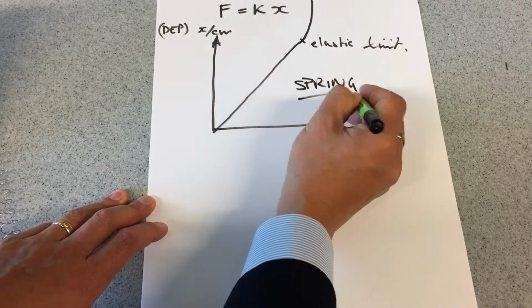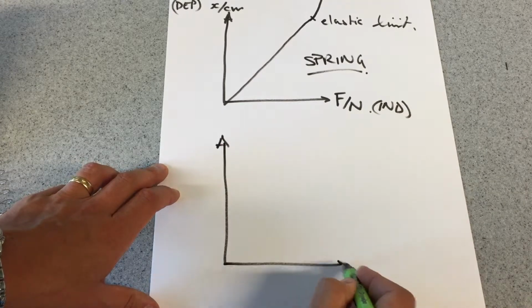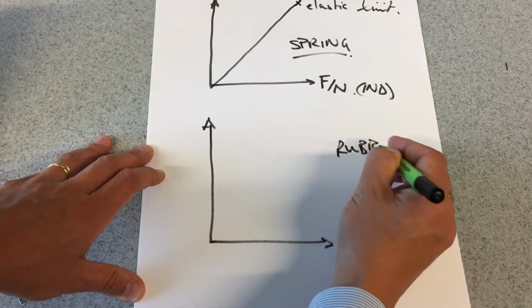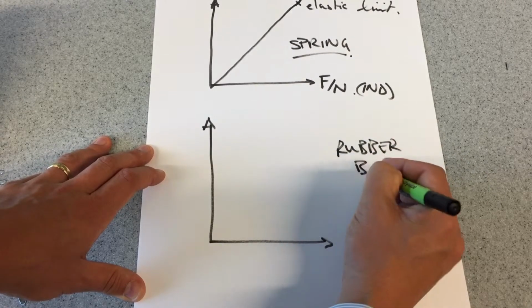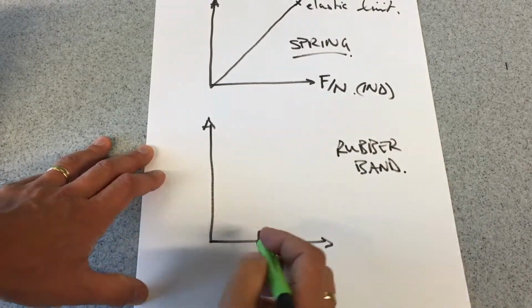When you load the rubber band, you are going to see a difference in the loading and the unloading. And the results for those are in the link below the video.